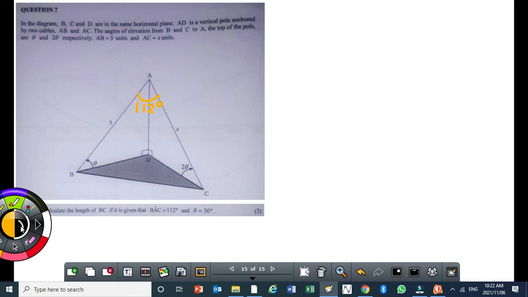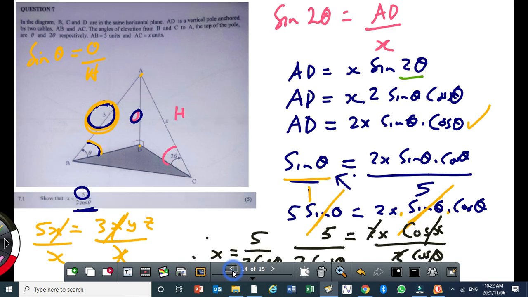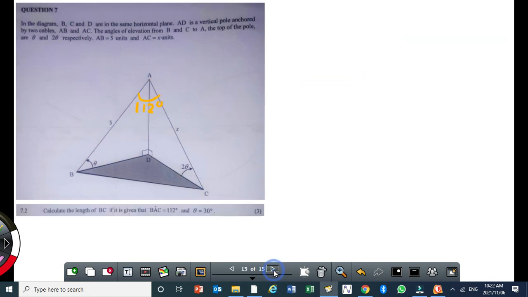Now I want you to be aware that BC is part of triangle ABC. So we know what AB is, it's 5 units. AC is x. So we need to find the length of x. That's why we're given the angle theta. So we use this expression here to find what? x. You follow what I'm saying? So x is equal to 5 over 2 cos theta.